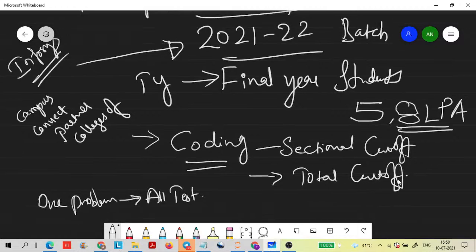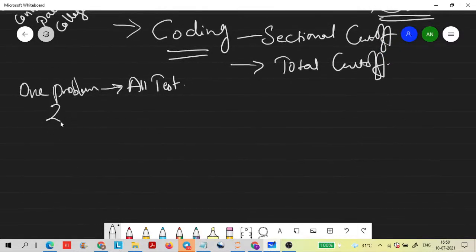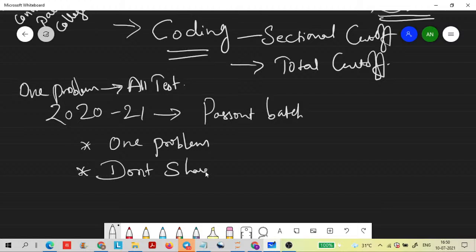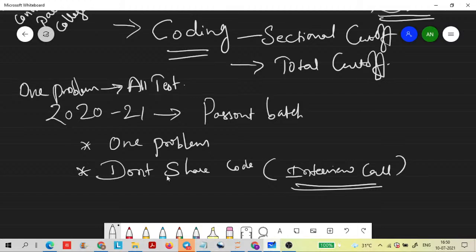Because in the 2021 batch, I can share the experience of students who have already passed out. The main thing is at least one problem, and don't share the code, as most of the people didn't receive the interview call even though they completed at least two programs, because they used codes shared by someone else.